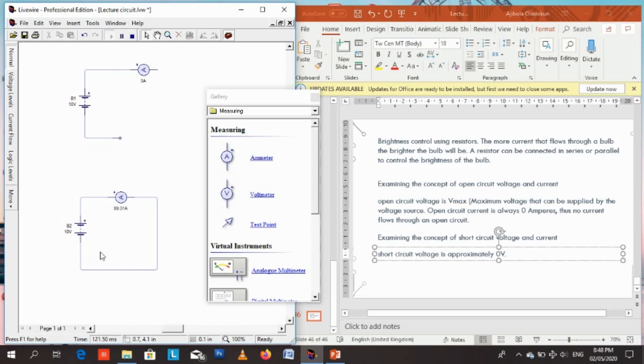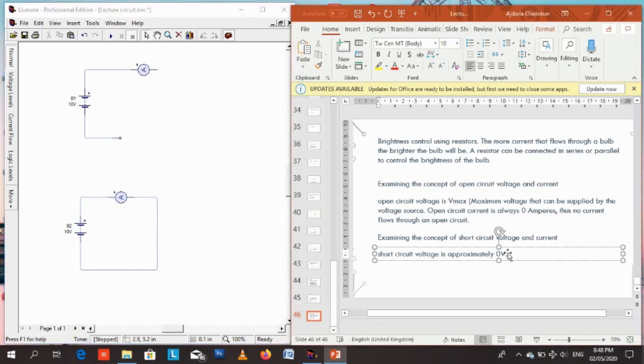But let's see, this is 99 amps. 99 amps, that's a lot of current. So that's the maximum current that can be supplied by this battery. The short circuit current is the maximum current that can be supplied by the power source, by the voltage source, or by the battery.